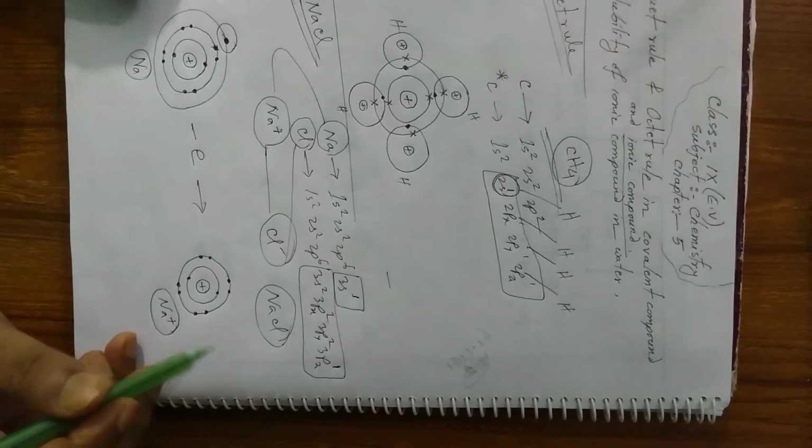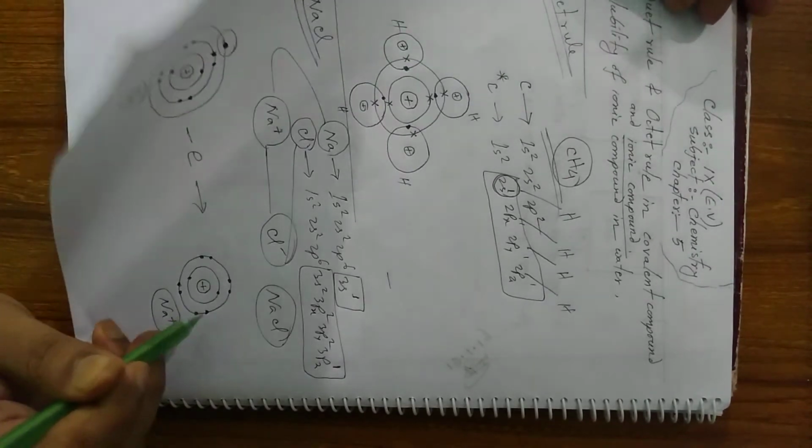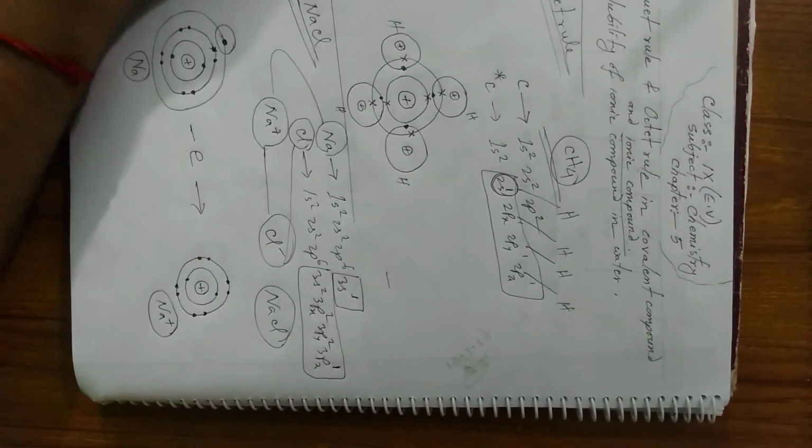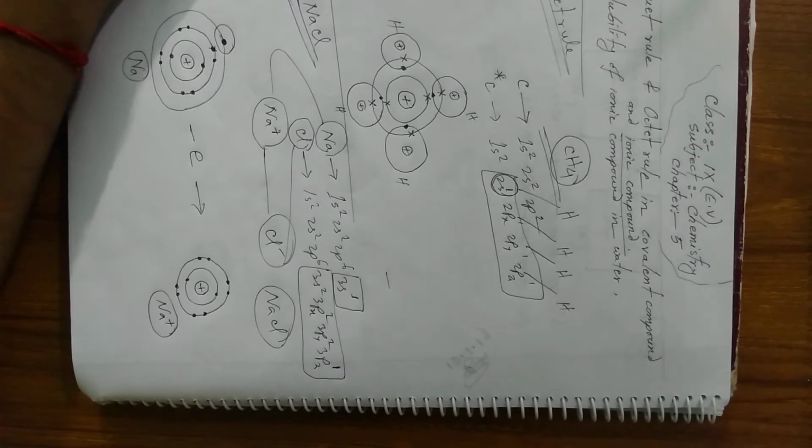So the last orbit of Na plus is covered with 8 electrons. This is the state of an inert gas.